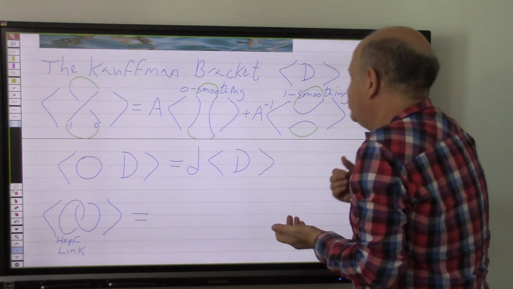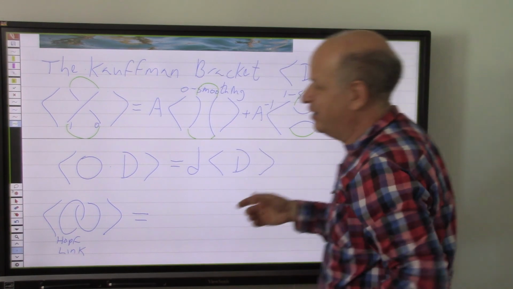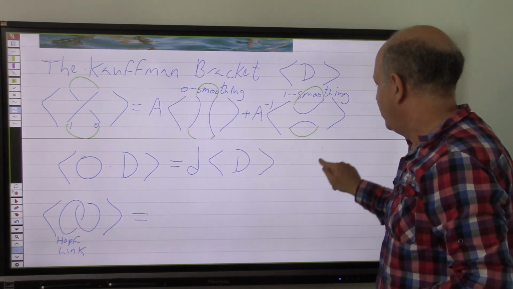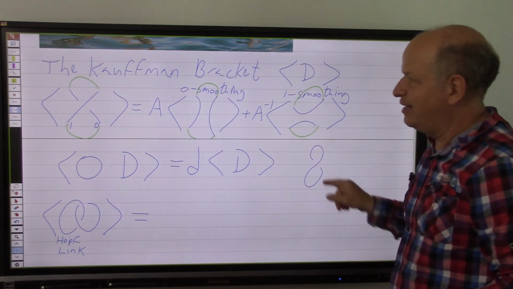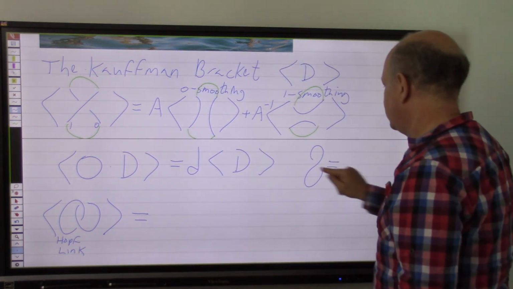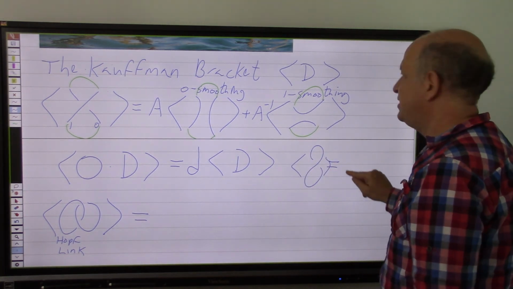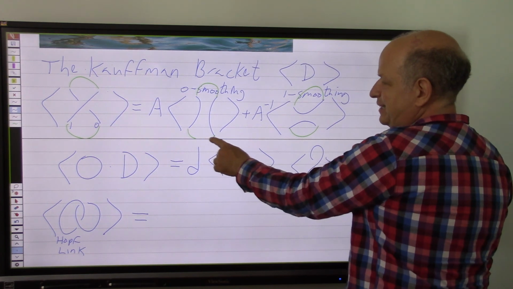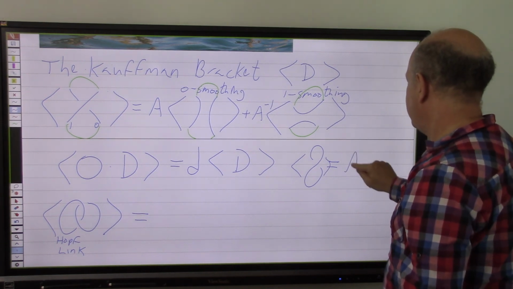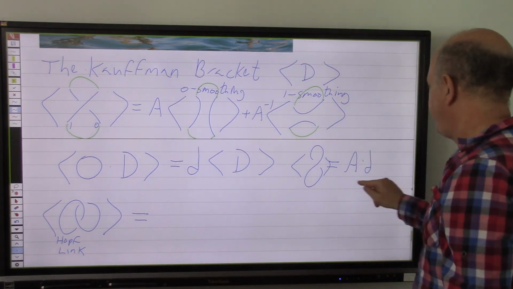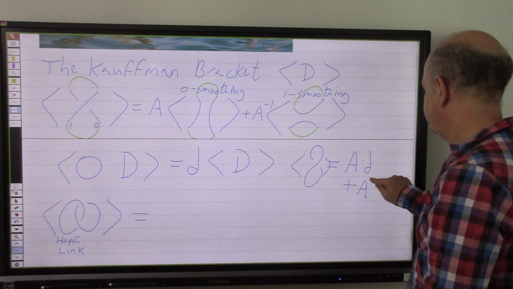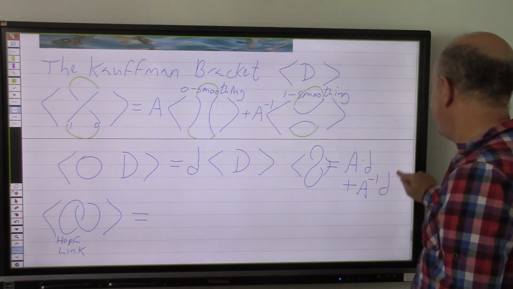So in a way we've already done one example. We have just figured out that the Kauffman bracket of a picture that looks like the number 8 is equal to A times, this is a single circle, so it's d, so A times d, plus A inverse times d squared.